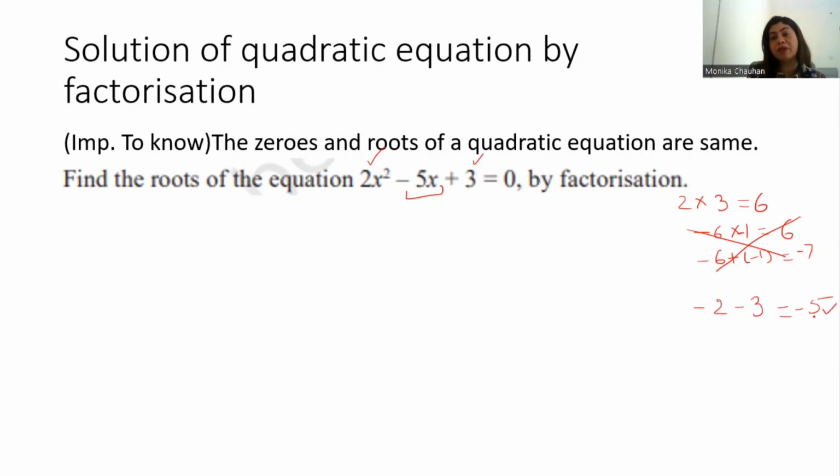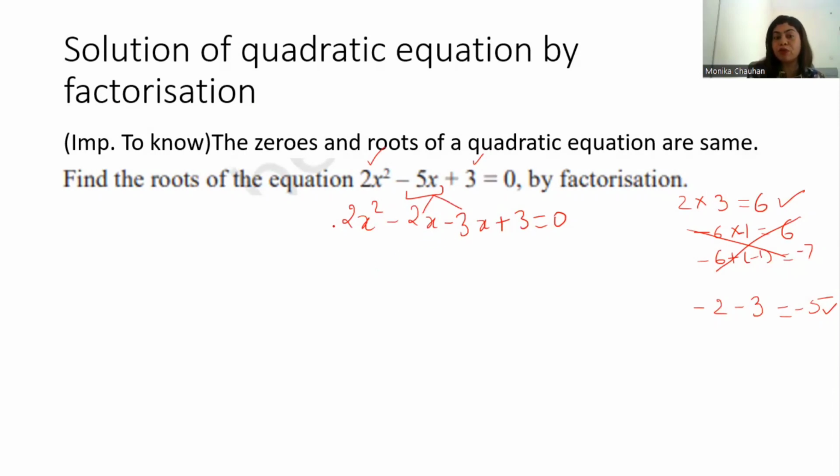So this is better for me. I'll take this. So I write 2x squared minus 2x minus 3x plus 3 equal to 0. I have split the 5x as minus 2x and minus 3x.